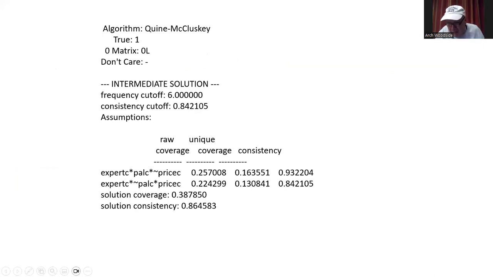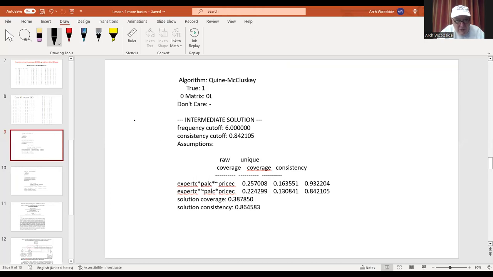You can clean this up. What you can do in cleaning it up is get rid of this information up above here. Take that out and move over raw coverage, and you can get rid of this. It represents unique coverage in the middle, and get rid of these two here. Just report raw coverage, or get rid of the word raw coverage.